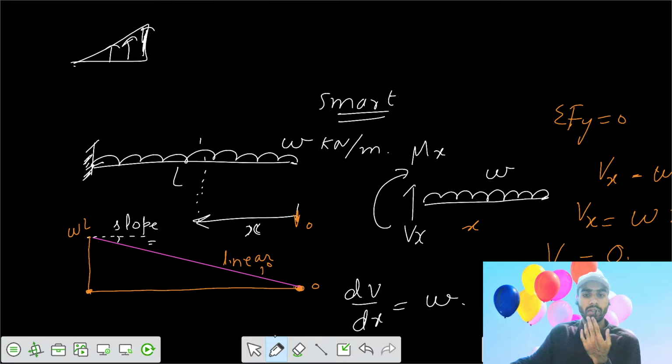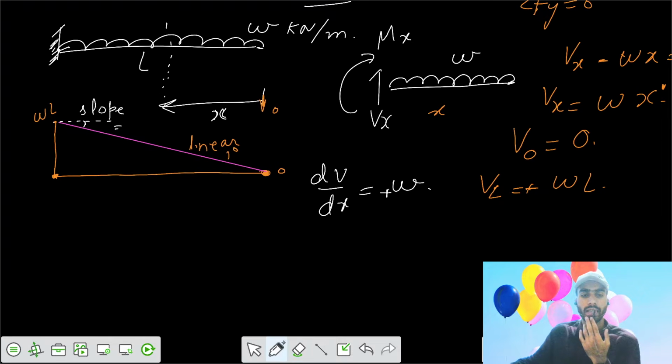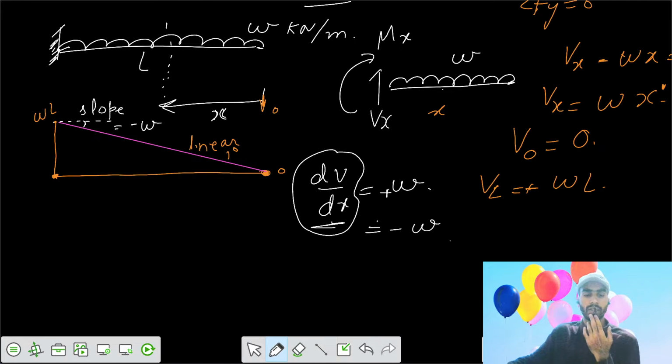Then we got this relation as positive, but the loading is acting downwards here. So the slope of the shear force diagram is minus W for this case. So your slope is minus W, the loading intensity.